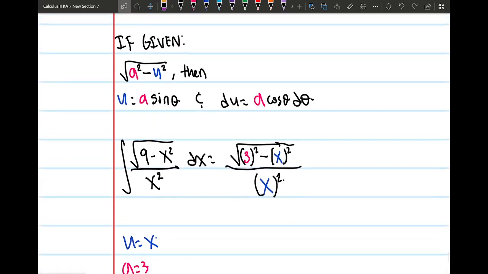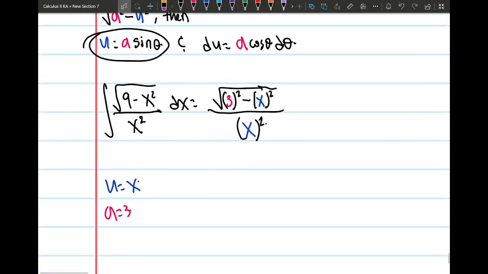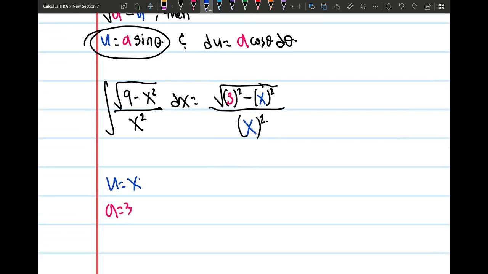But we want to use this formula now to actually substitute our x in. So because u is x, we're just going to say x equals 3 sine of theta.